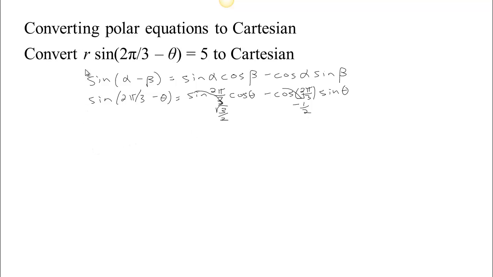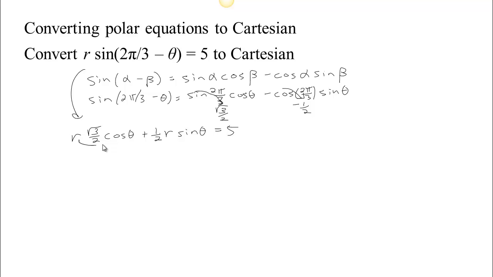So in this equation, we have r times root 3 over 2 times the cosine of theta, minus minus would be plus 1/2 r times the sine of theta equals 5. So what we've done here is I've expanded this, and I distributed the r to both terms, and then we have 5.